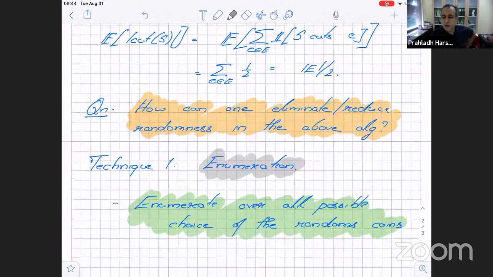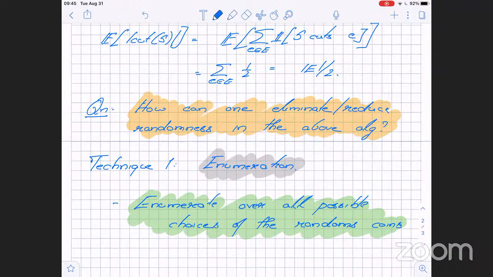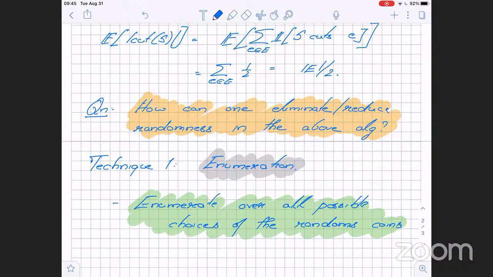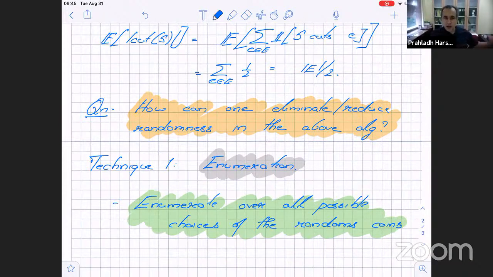What do I mean by enumerating over all possible choices of the random coins? And how many choices are there in this particular case? 2 to the power n, because every coin has 2 possibilities. There are n coins, therefore there are 2 to the n possibilities.